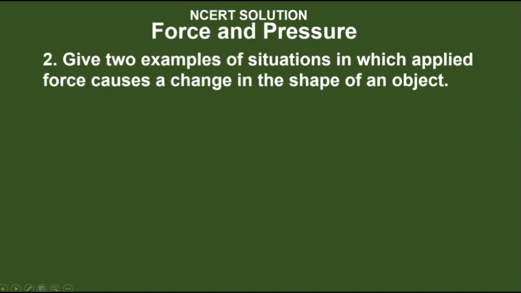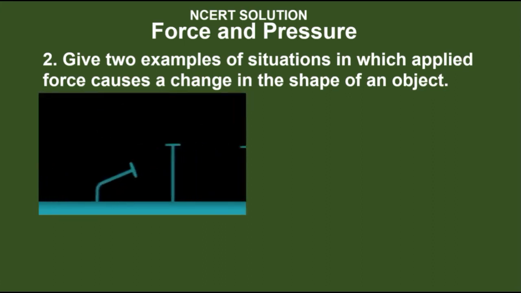Next question. Give 2 examples of situations in which applied force causes a change in the shape of an object. Right? Change in the shape. Remember, force causing change in the shape. And on many occasions we see this throughout. I want you to write your own examples, not the examples which I am telling here. So here I am simply taking one example: generally when we hammer, what happens?